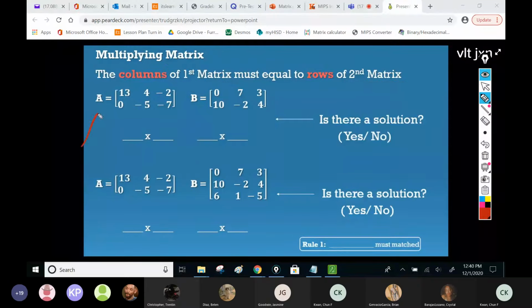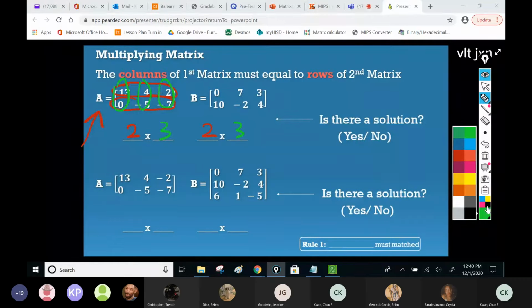Let's look at the dimension of matrix A. Matrix A dimension is 2 rows and 3 columns. That's matrix A. And then matrix B, obviously the same thing, 2 rows, 3 columns.